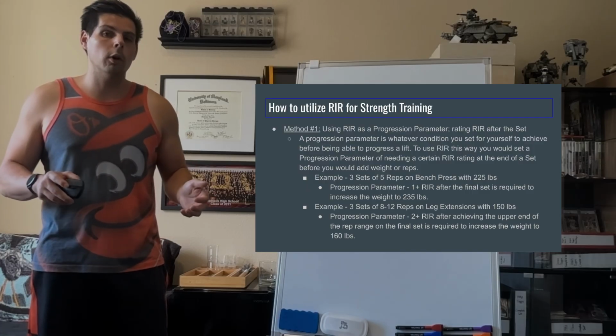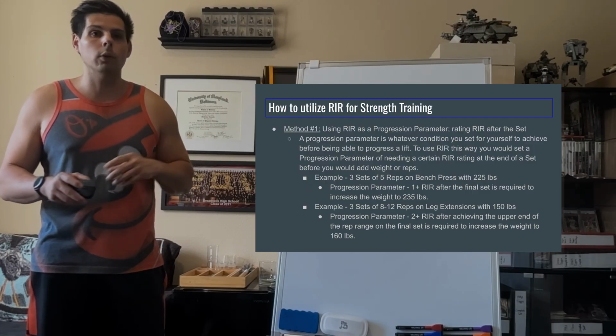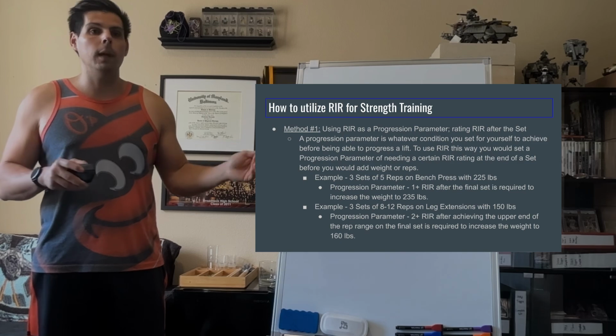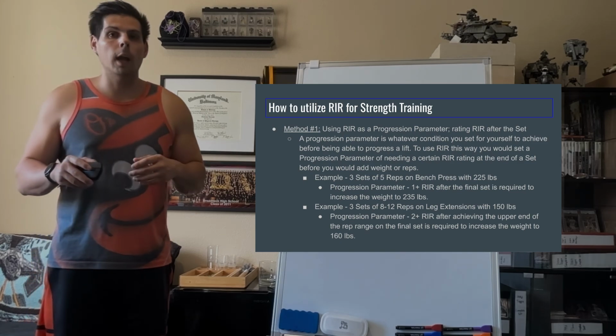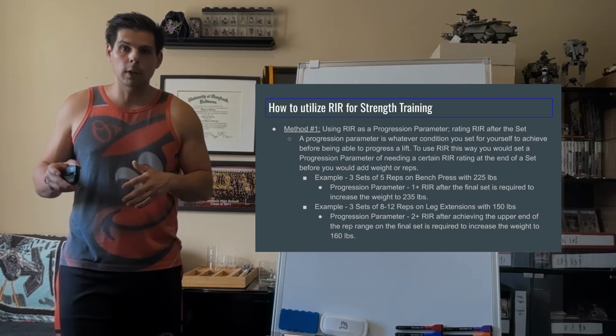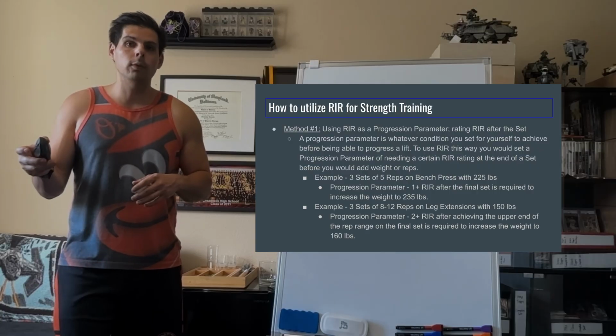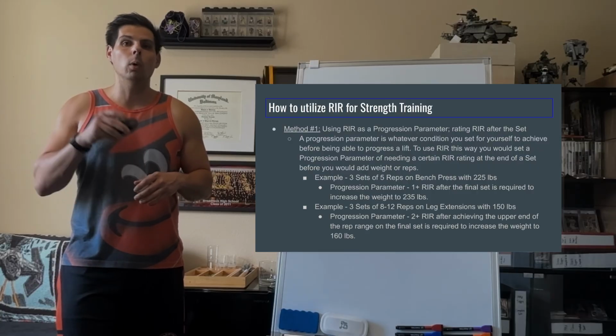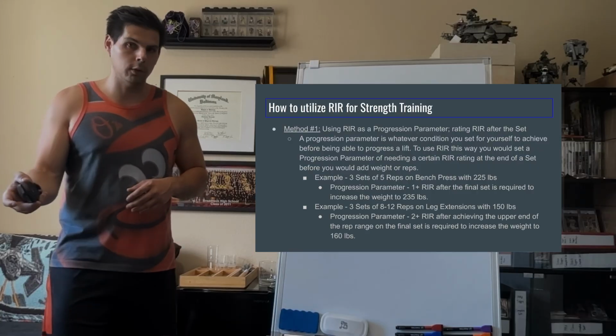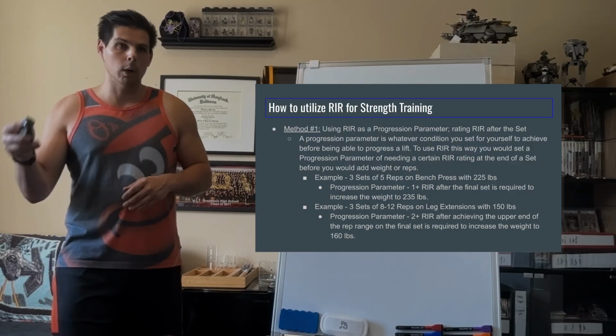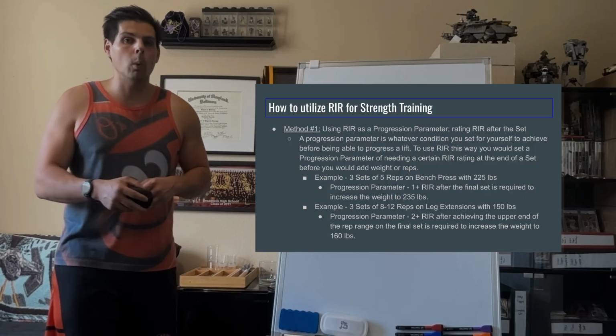Maybe this lifter's progression parameter is they want 2+ RIR after achieving the upper end of the rep range. So if they're able to get to the end of the 3rd set, hit 12 reps with 150 and say, okay, I still had 2 or more left, let's bump up to 160 for either the next set or the next workout. So that's method number 1.